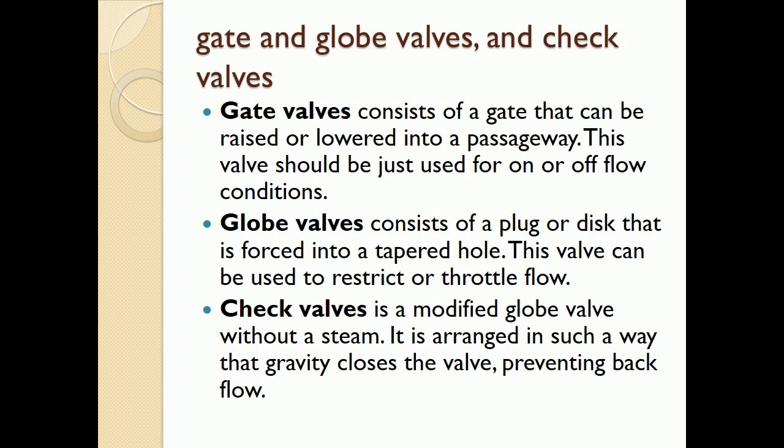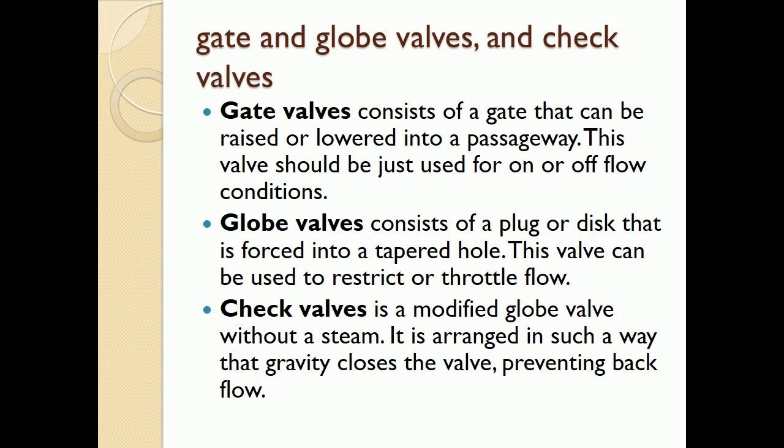Valves used frequently in a power plant are gate, globe, and check valves. Gate valves consist of a gate that can be raised or lowered into a passageway. This valve should be used just for on or off flow conditions.